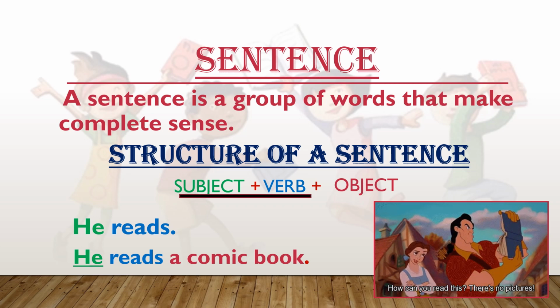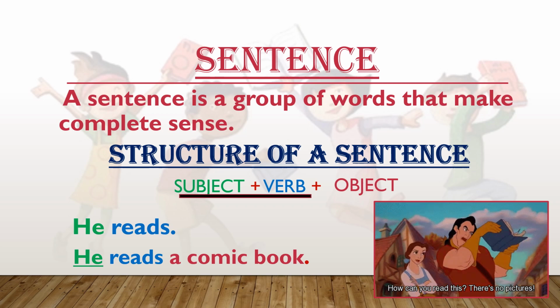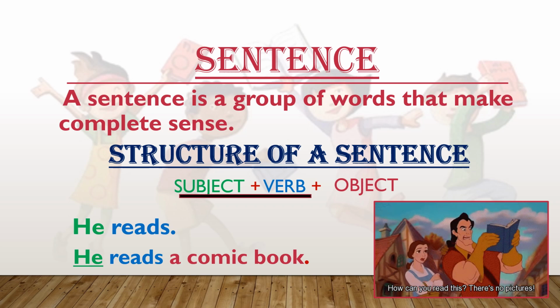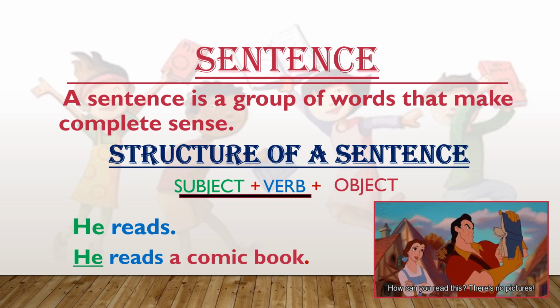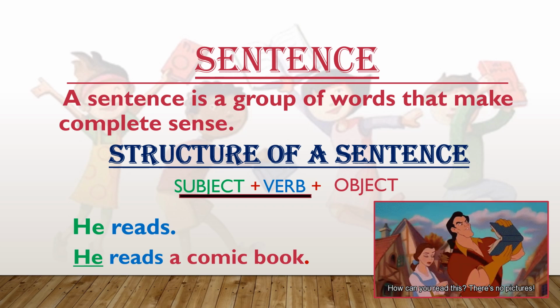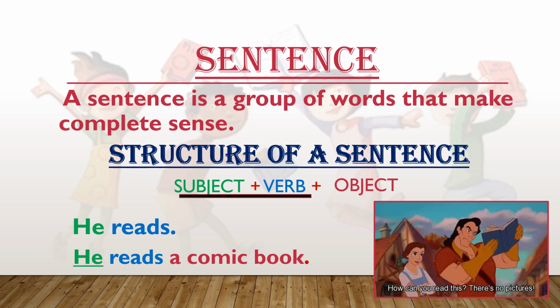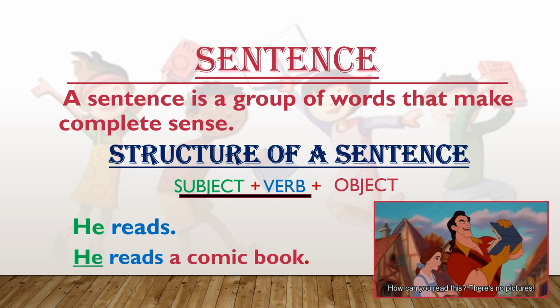A comic book is a group of words which are used as object over here. So in this sentence, even if I'm adding the object, the sentence is still making sense. That means a sentence can be made with the object or without the object. It depends from sentence to sentence, and it is all requirement based.